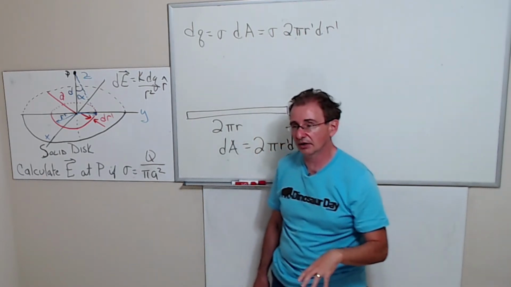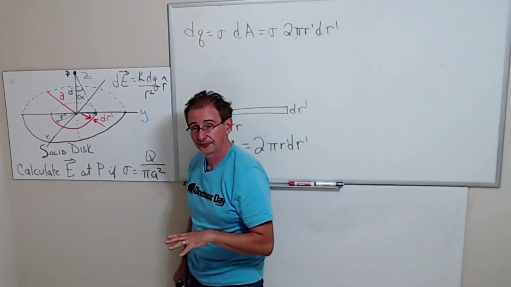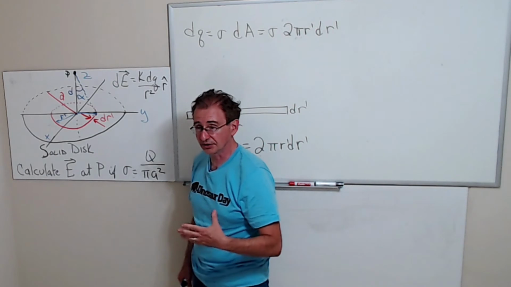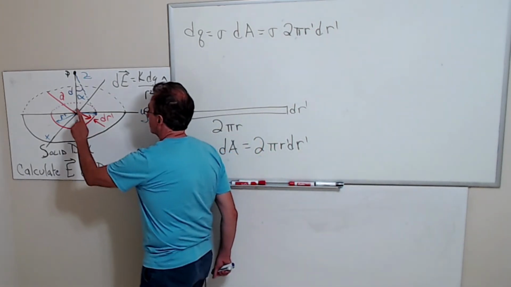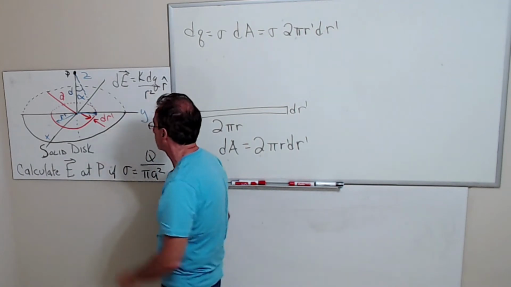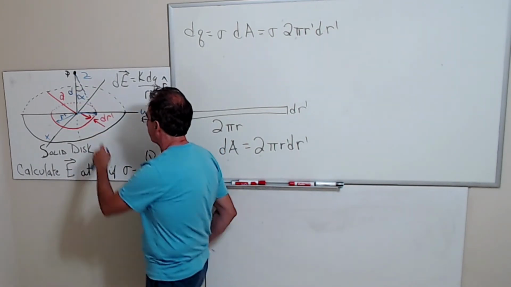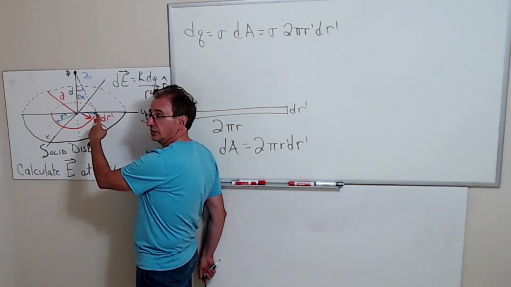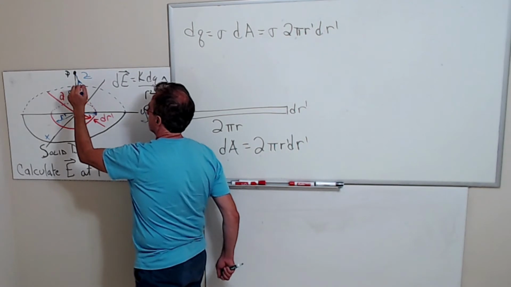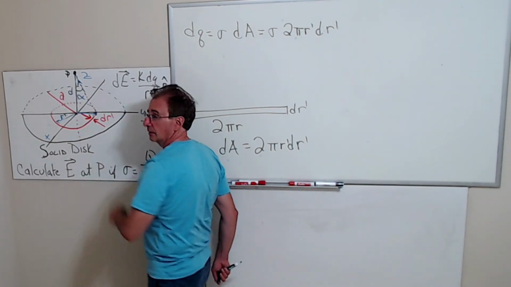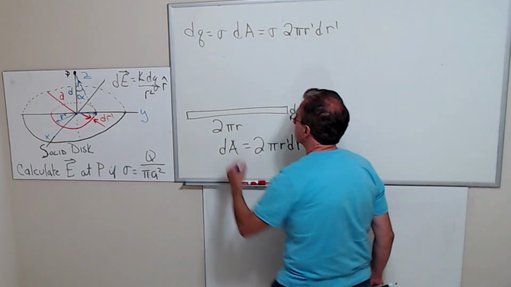I'm not going to do the integration. I'm only going to consider the component of r hat that doesn't go away when I integrate. And that component is the component that points vertically upward. So r hat is the vector that points from my element of charge, dq, to point P. That's my dr hat, that dotted blue line.